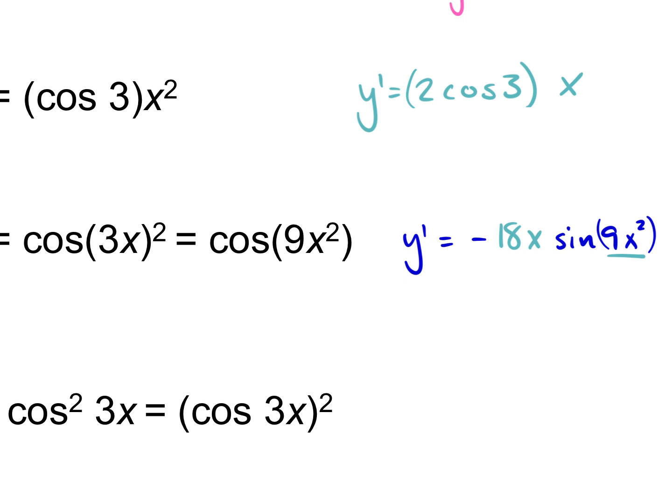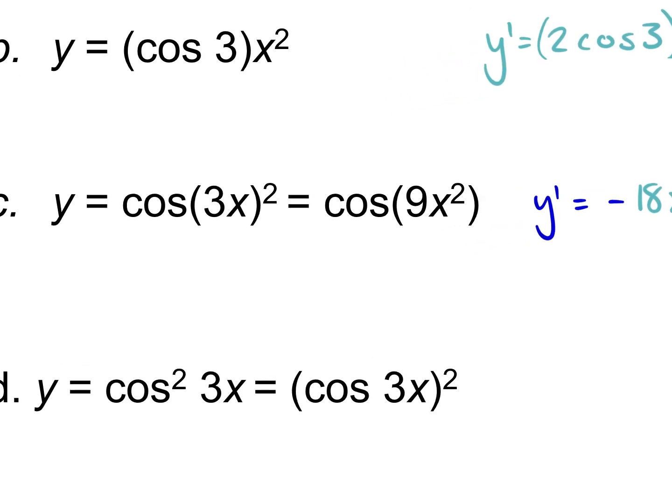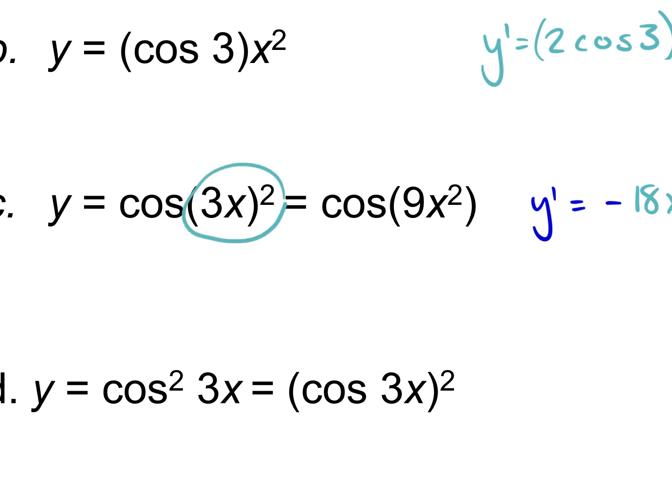Why does it have cosine 3x? These are the same here and here. We could treat it the same, but we simplified it before we took the derivative because it's going to be easier, because if we didn't simplify it, then we would have to be doing the chain rule of this.